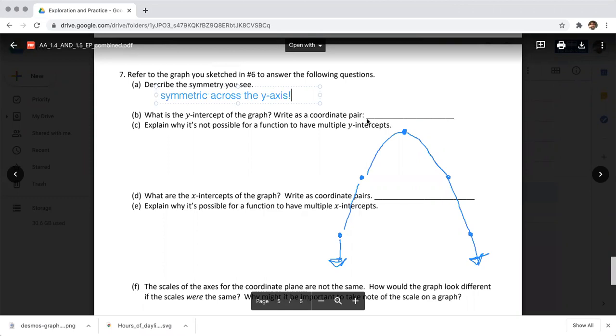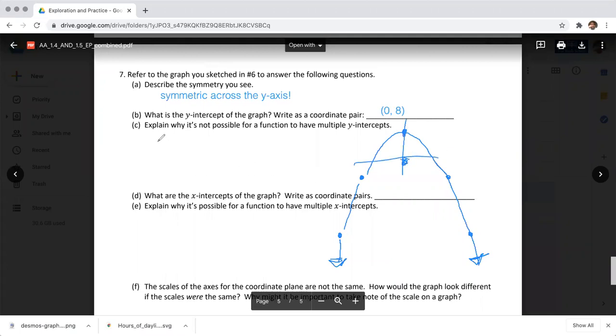What is the y-intercept of the graph? Well, the y-intercept of the graph was 0, 8. That was the point that we got out. Explain why it's not possible for a function to have multiple y-intercepts. Well, if you had two y-intercepts, so let's say that you had another y-intercept that was down here, then all of a sudden you are failing the vertical line test.